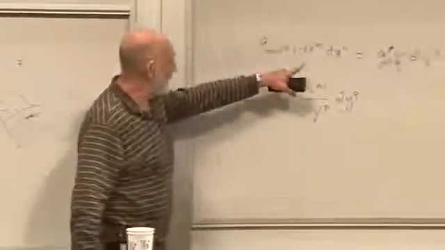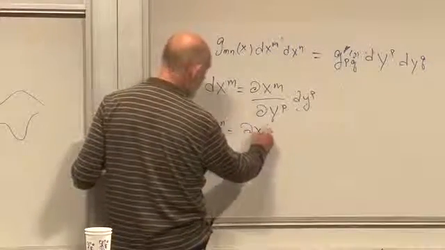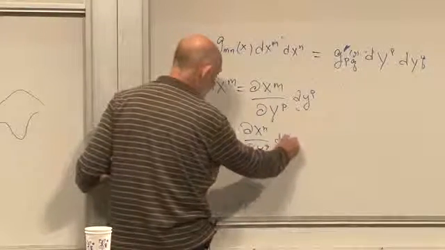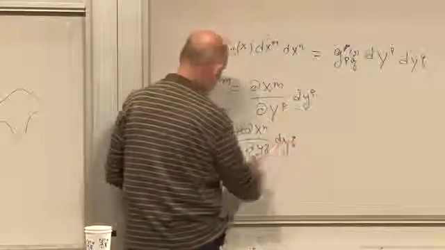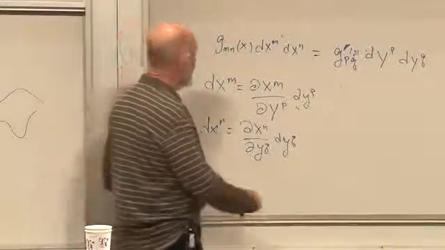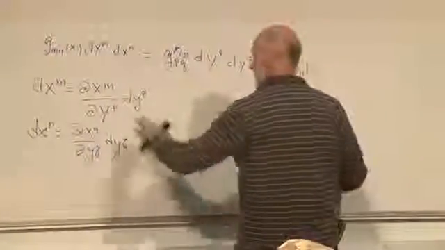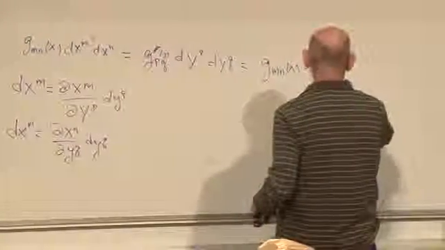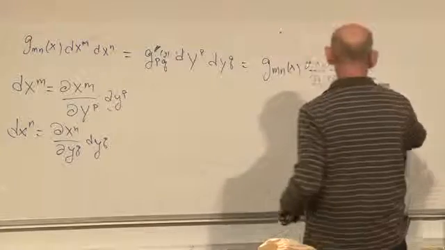And let's do the same thing for dx^n. dx^n is equal to the partial of x^n with respect to y^q times dy^q. And now plug these two expressions into here. Okay, so what will we get? We'll get that this is equal to g_mn(x), and now the partial of x^m with respect to y^p, the partial of x^n with respect to y^q, dy^p dy^q.